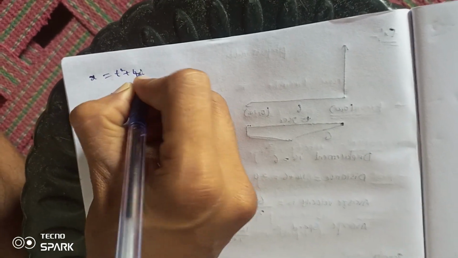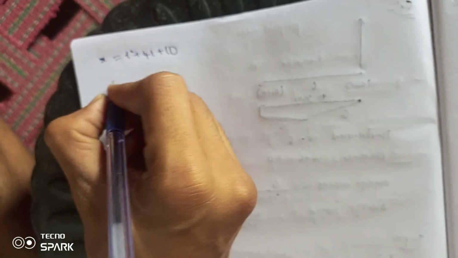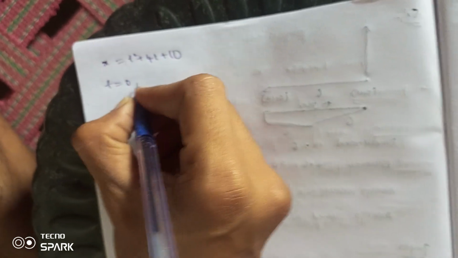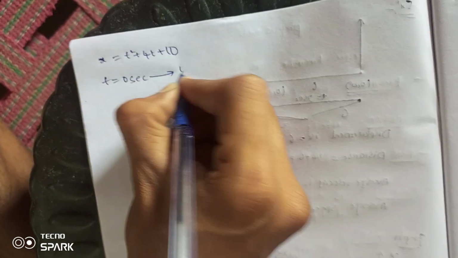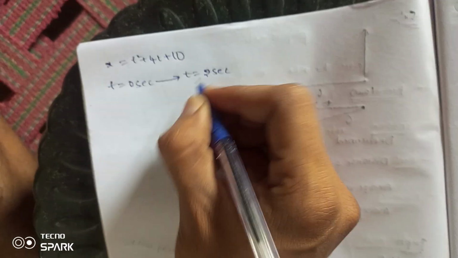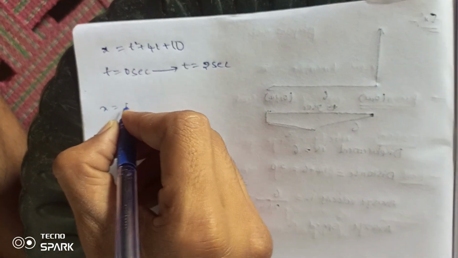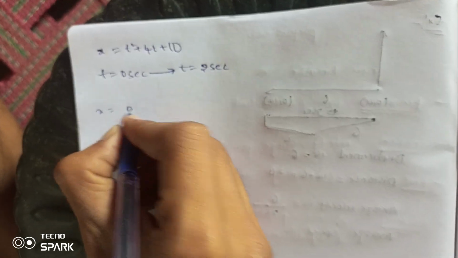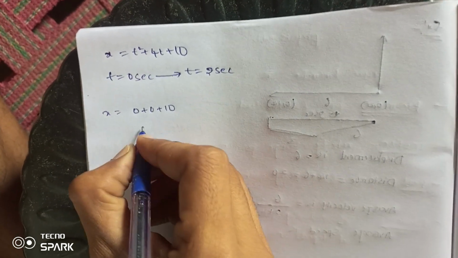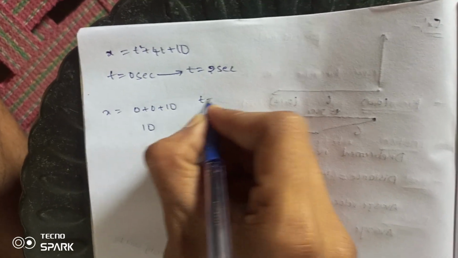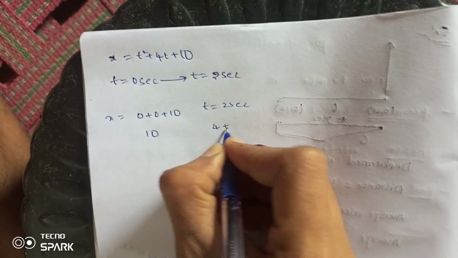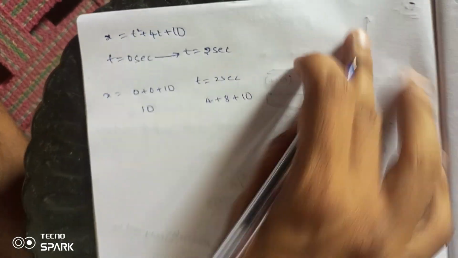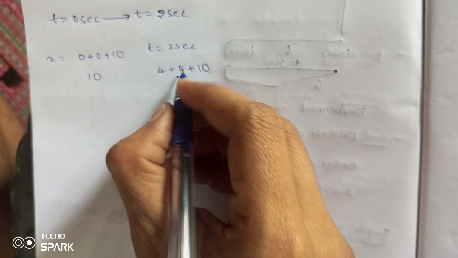At time t equal to 0 seconds to t equal to 2 seconds: at t equal to 0, x is 0 plus 10, which is 10, and at t equal to 2 seconds, x is 4 plus 8 plus 10, which is 22.